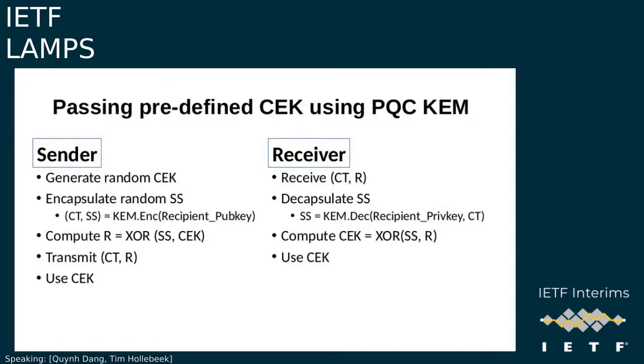Practically it looks okay, but we have to think. For example, if the attacker can control the random CEK and try to manipulate it a little bit, try to figure out the SS, the shared secret, and something like that. We need to think about it.